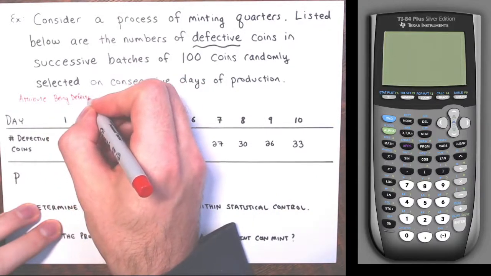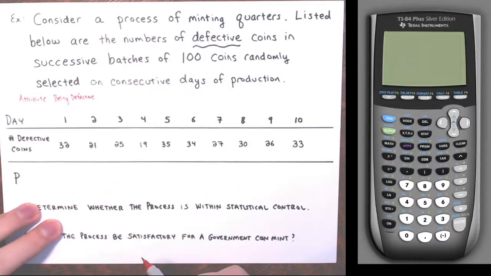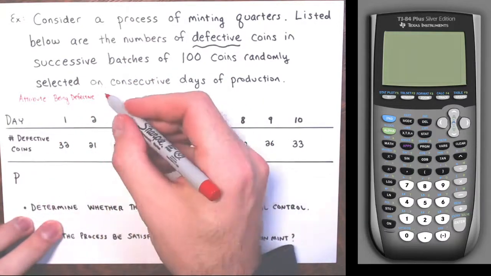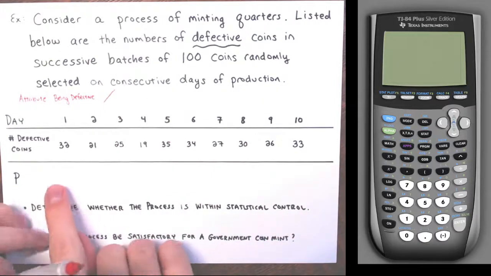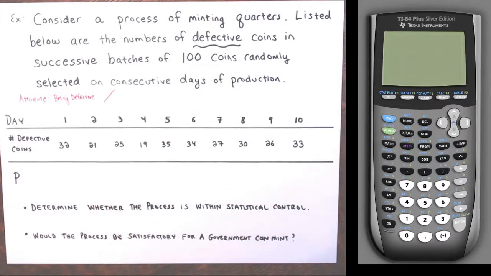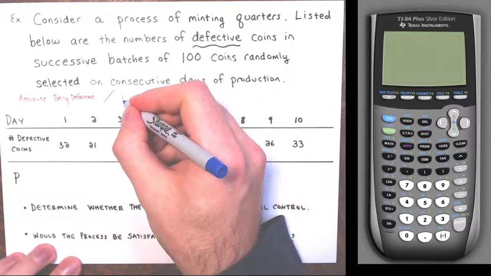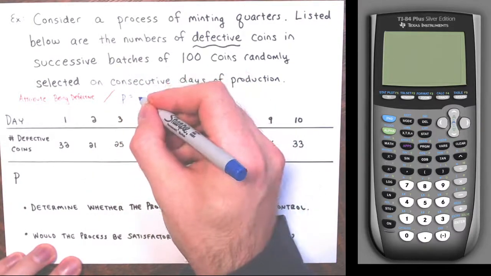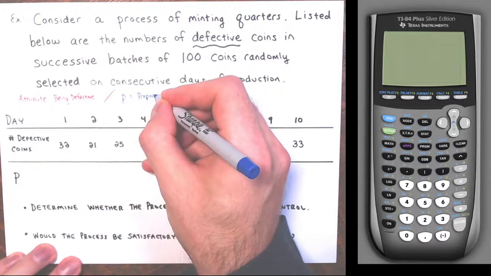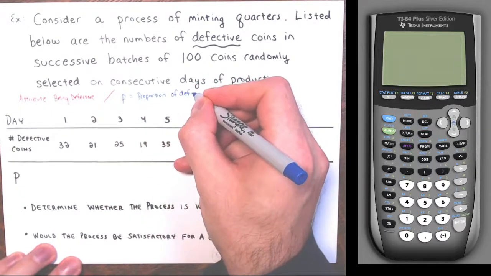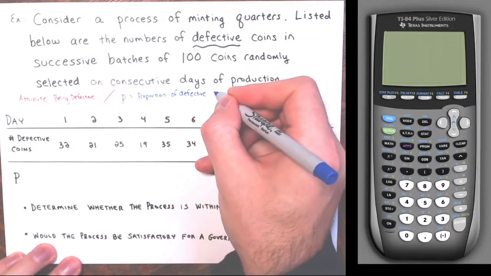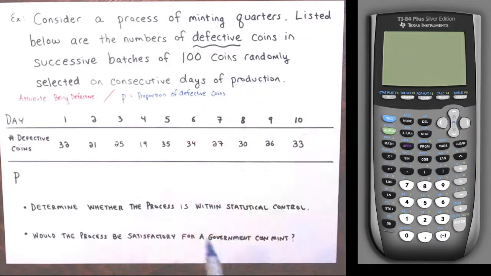not working properly. Right. And so when I see P down here, in my chart that I'm going to fill in this row of P's, P is the proportion of defective items. In this case, the proportion of defective coins in my sample, in each sample.